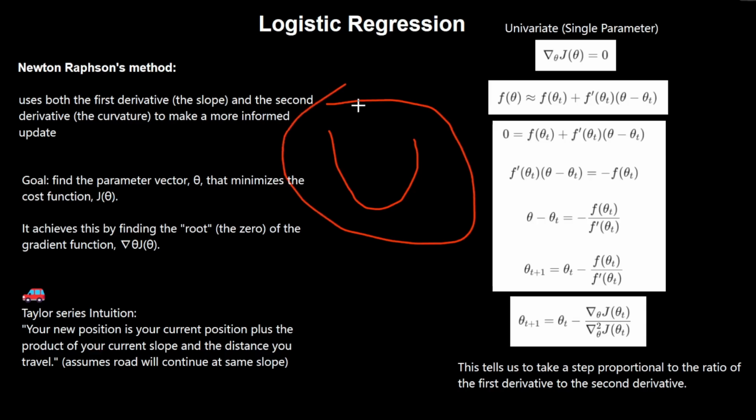Instead of taking small steps, we take one big step by understanding this curvature and slope into the global minima, so that we can reach the global minima sooner. The only catch is that it is computationally more expensive than the gradient descent method.